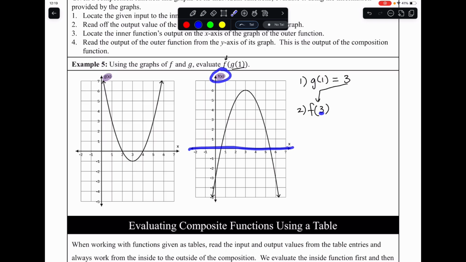Look at the x value, find 3, which is right there, and find the corresponding y value. The corresponding y value is 6. And that is the answer of the composition: f of g of 1 equals 6. And there you have it. There is your response.